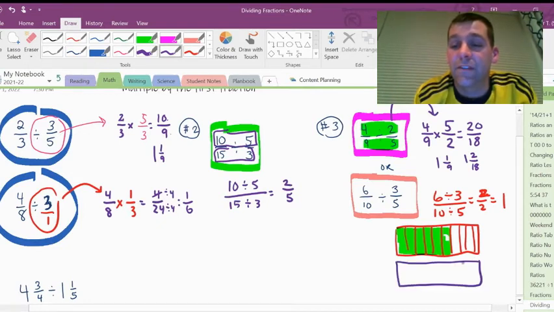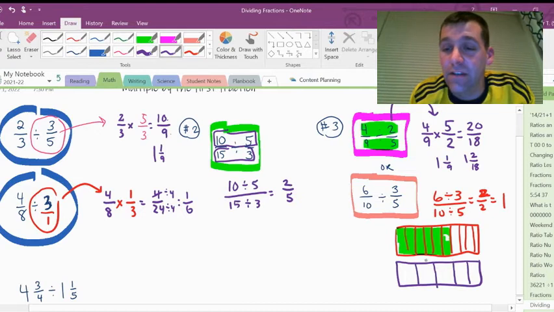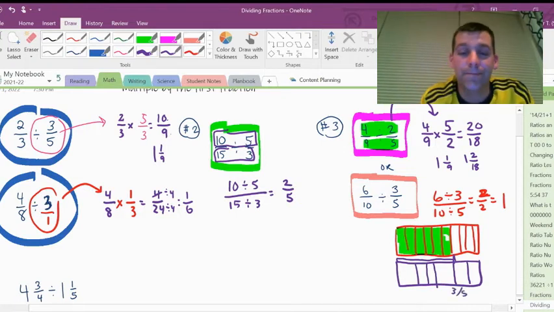How many 3/5 pieces fit in there? I'm a little bit off on my drawing, but I would be able to fit two of these halves into there. Again, thinking about this here, I'd have half of it that I could fit in and another half that I could fit in. So I'd have one whole piece that I'd be able to fit in because this here is equal to it. So 3/5 and 6/10 are equivalent there.